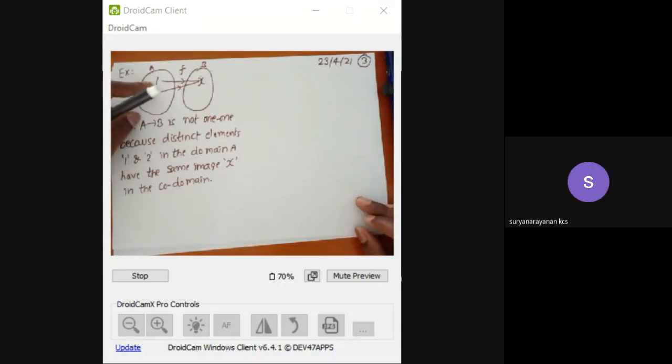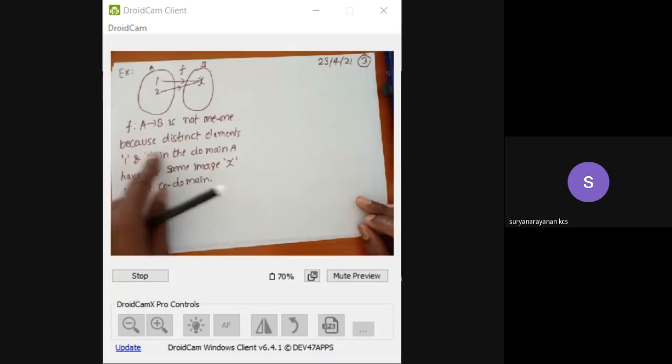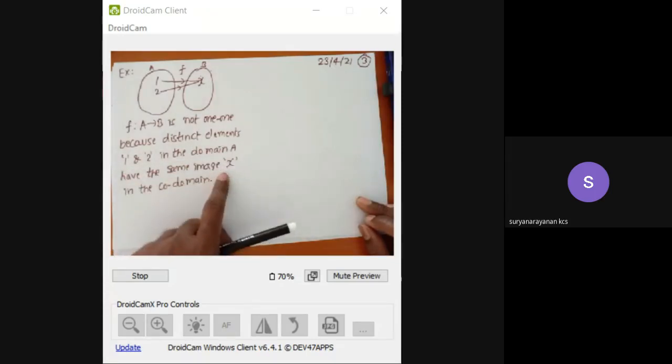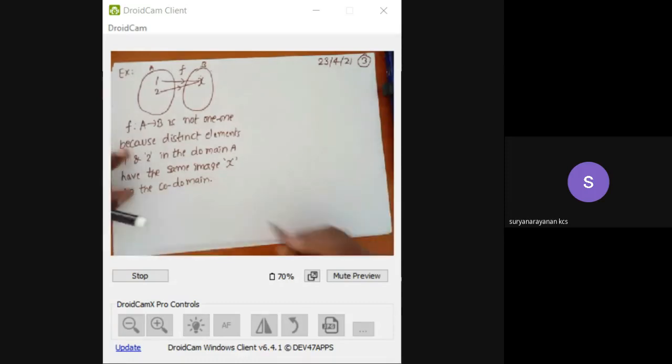Yes, sir. These two distinct elements in the domain have the same image X in the codomain B. That is why it is not 1-1.